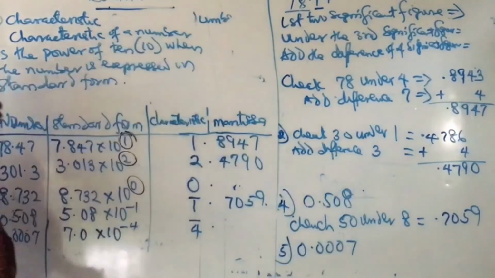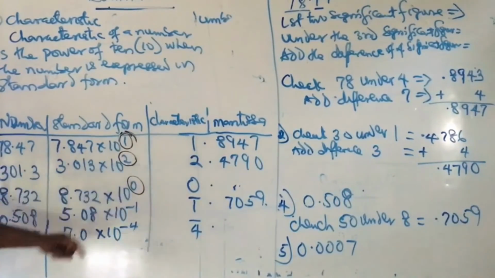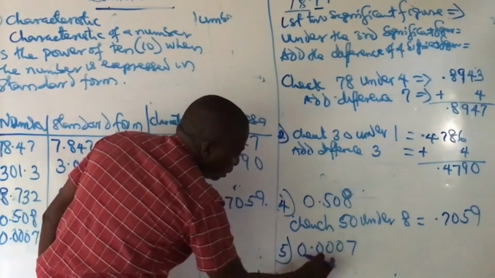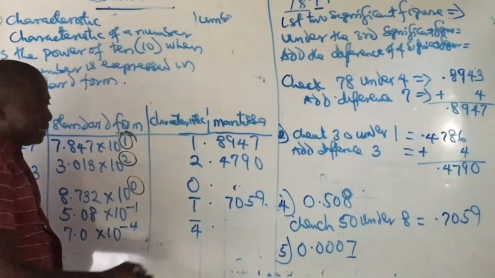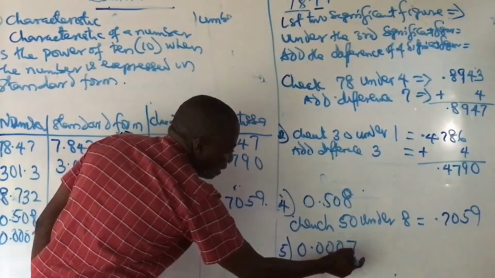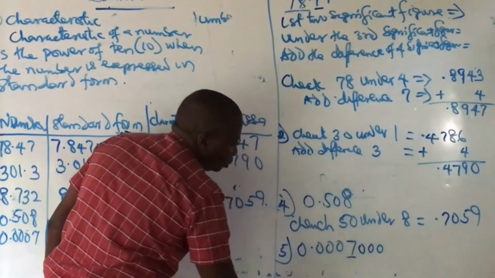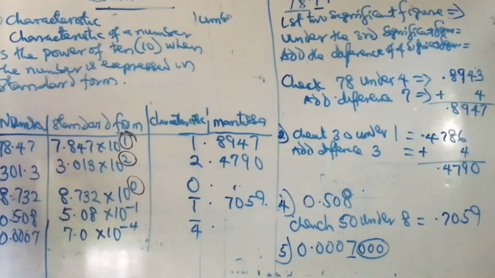Then when it comes to number 5, we now have 0.0007. How do we check this one? We have just one significant figure. If we put 000 to it after the point, it makes no effect.